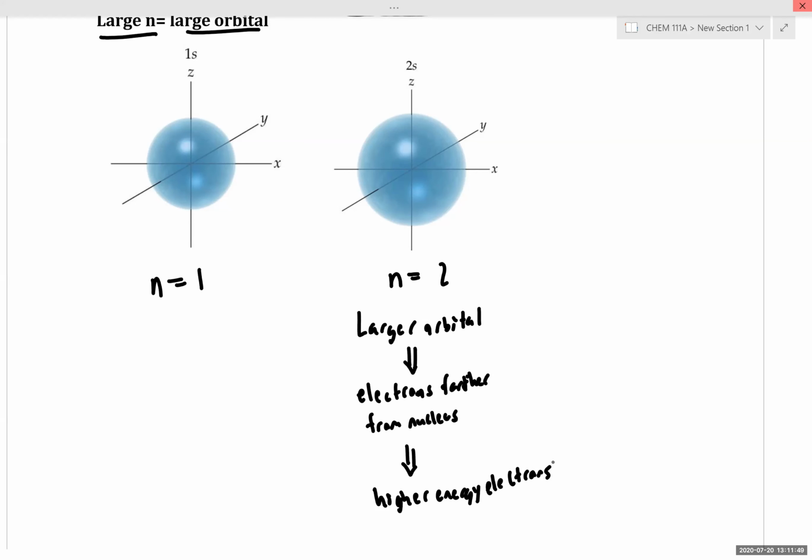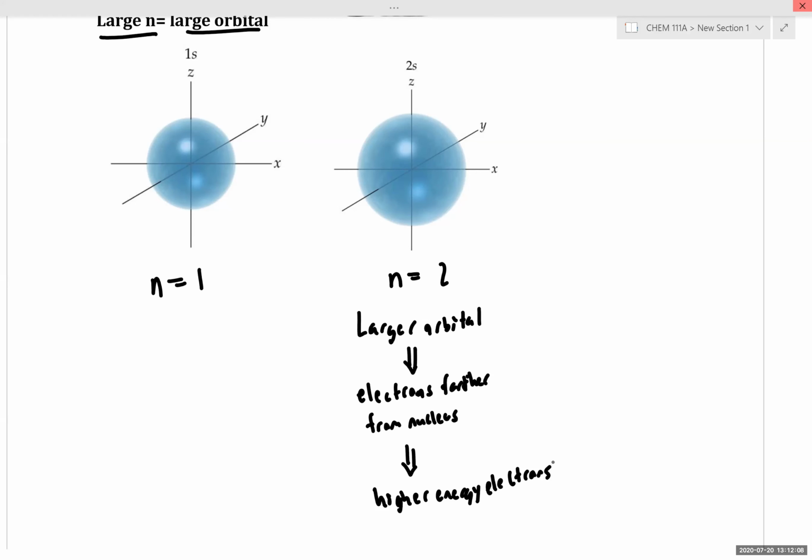Hey, Professor, I had a question. Yes. Does this apply even following the octet rule? So the octet rule is describing how we place electrons into orbitals for multi-electron atoms.